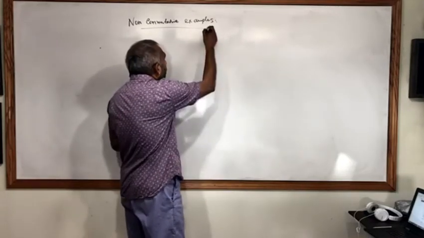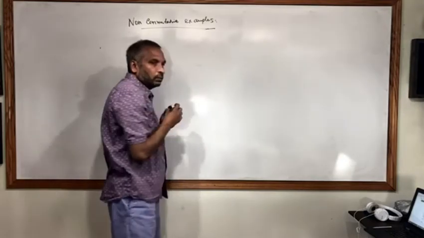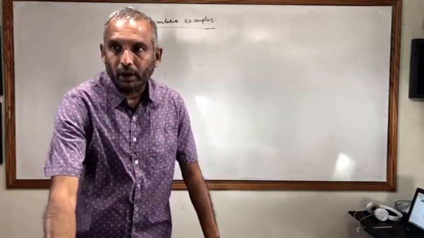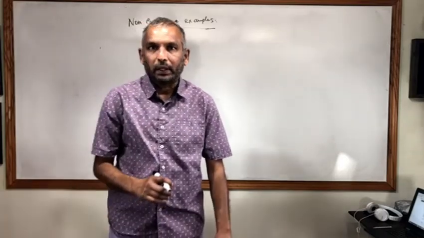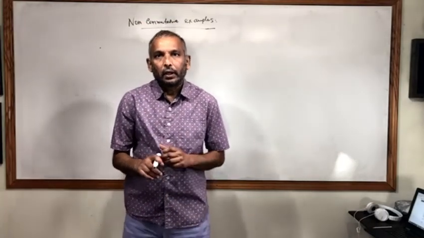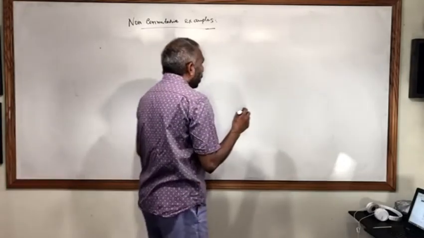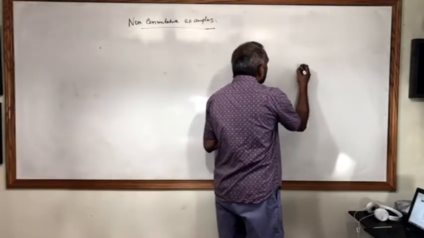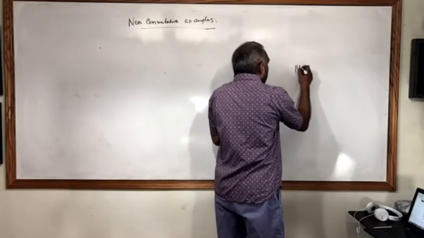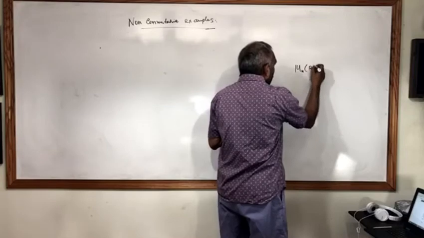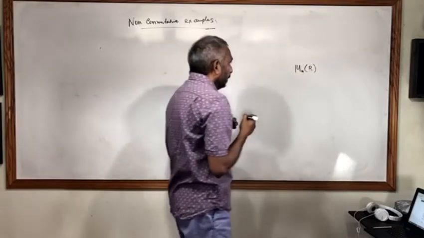In this section, we are going to give you some examples of non-commutative rings where the multiplication is not commutative. We have done just one example, the ring of n by n matrices over real numbers.